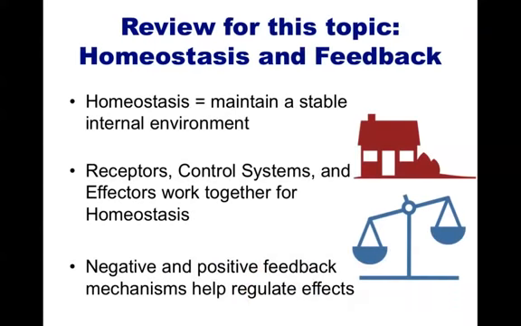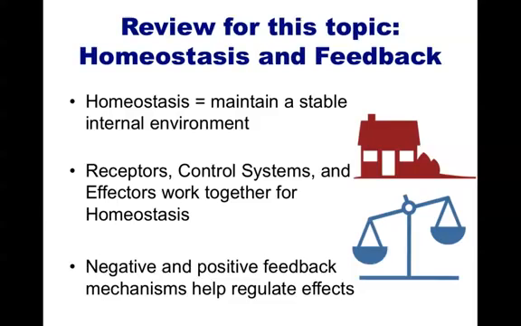To review, remember that homeostasis is your body's ability to maintain stable internal conditions despite a changing outside environment. Think of the home with the thermostat. Your body acts in a similar way, although it has different receptors, control systems, and effectors.